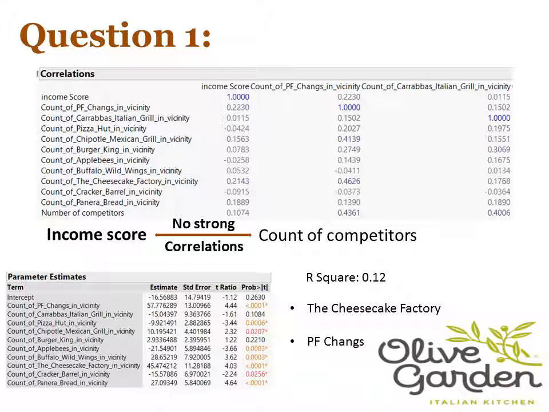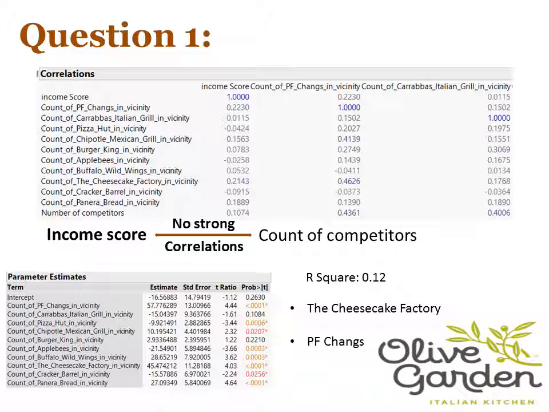So to confirm this point, I also run a linear regression model. The R square is 0.12, which is very small. It means that the data doesn't fit the model well. But from the parameter estimate part, we can still see that P.F. Chang's and the Cheesecake Factory have a much higher estimate value than the other variables.